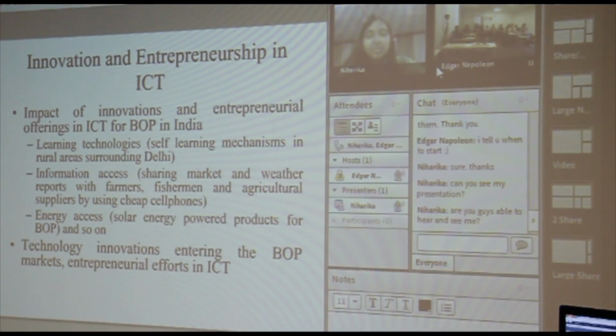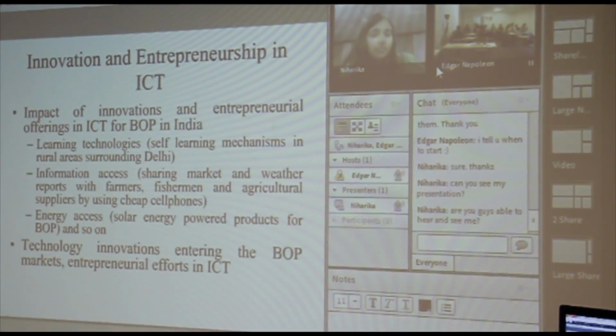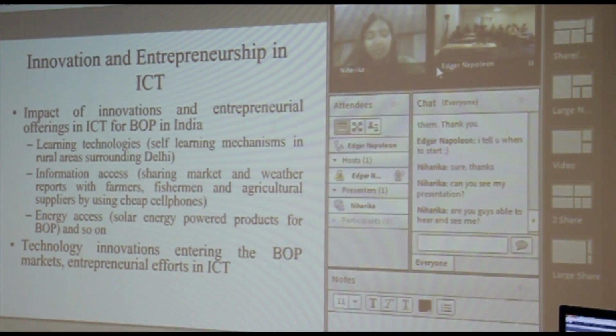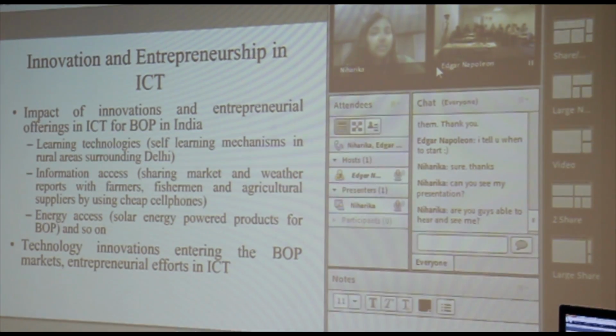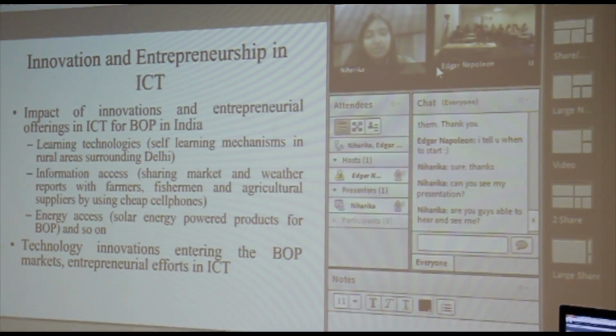there were a few researchers who actually went in and they did a famous experiment where they invested in a very cheap computer, and they basically put it in a wall there in the slum area in Delhi. And what they realized was that children and community members started using and trying to learn the technology, trying to learn the computer and how to run the computer on their own.